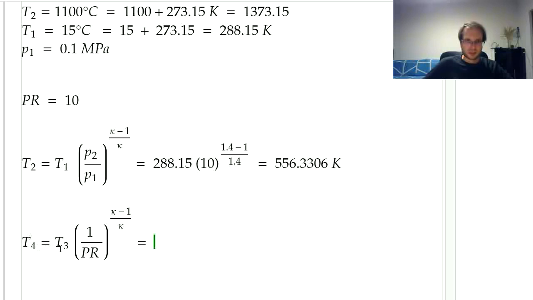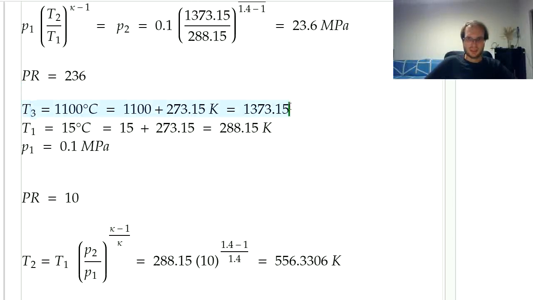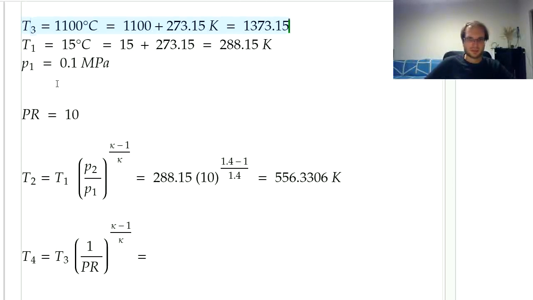and we get that the temperature 4 is temperature 3, which is the firing temperature 1100 degrees C. You can write it over here. Before it was that extreme case of calculating that pressure ratio for having the temperature already after the compression.